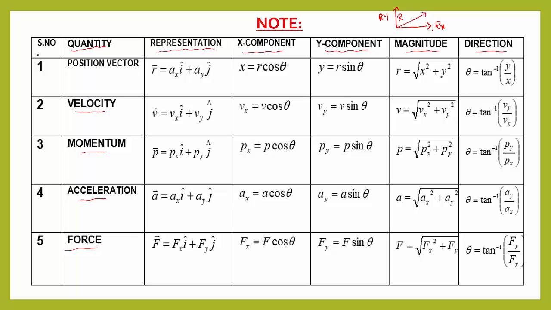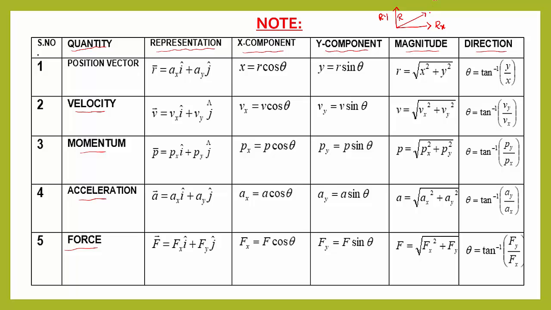When we combine Rx and Ry, that gives the resultant vector R. So Rx and Ry are the components of vector R. Is it clear? The first component is along the x-axis, the second component is along the y-axis. If these two components are at right angles to each other, then we call them rectangular components.